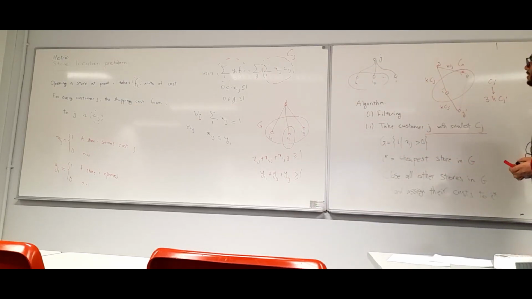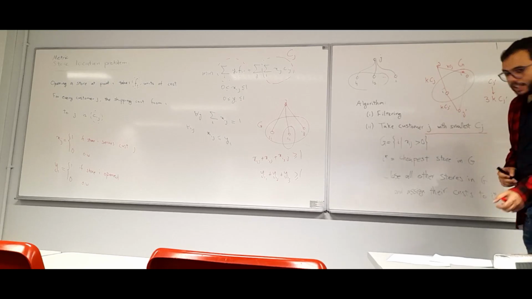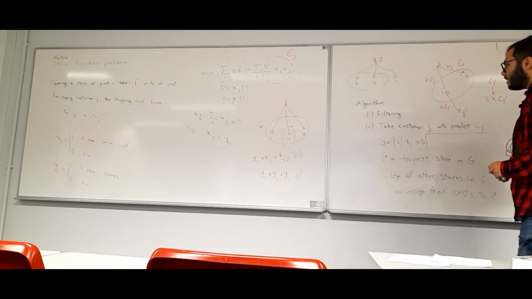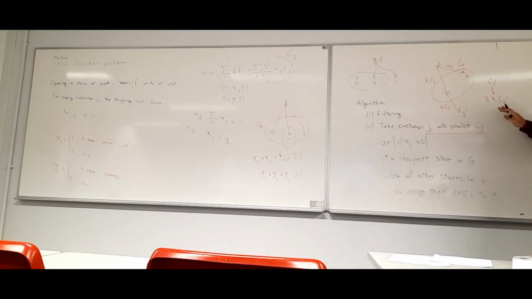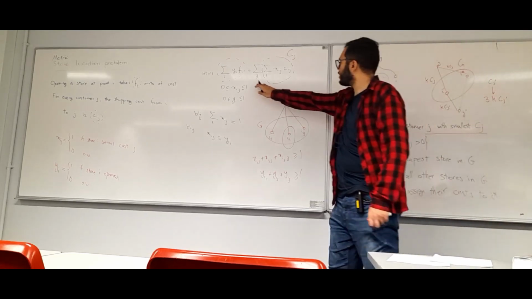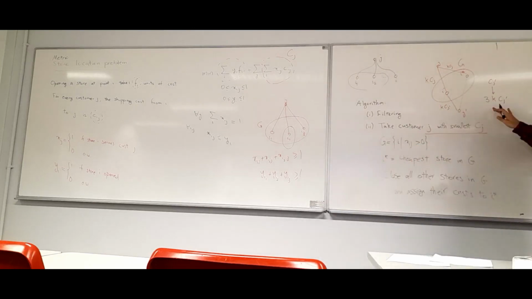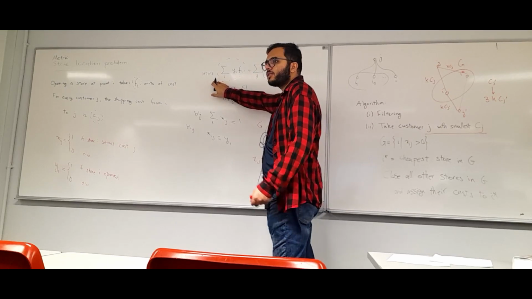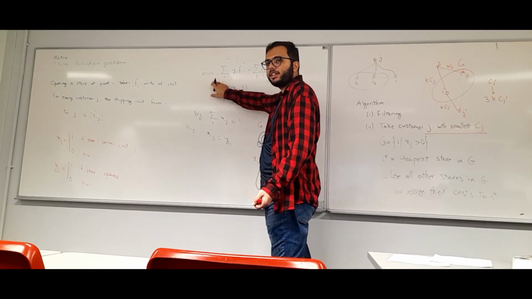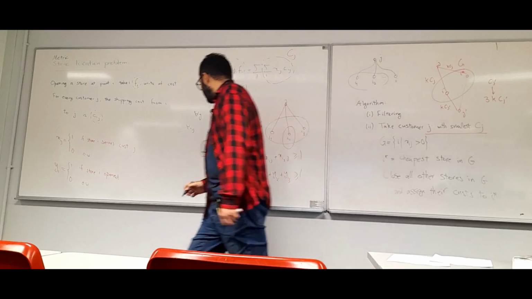Great, so that's the algorithm. Now, final analysis super fast. What am I doing here? Well, this part of the cost is getting multiplied by at most 3k. This part of the cost is getting multiplied by at most k over k minus 1. So what is my approximation ratio?